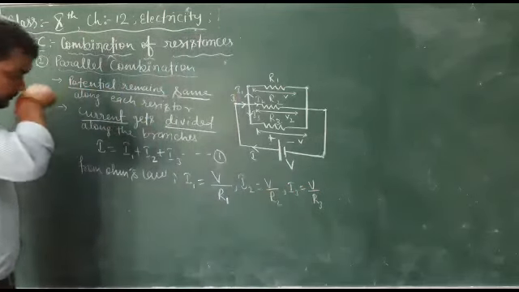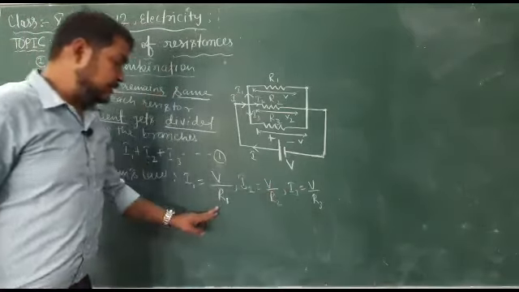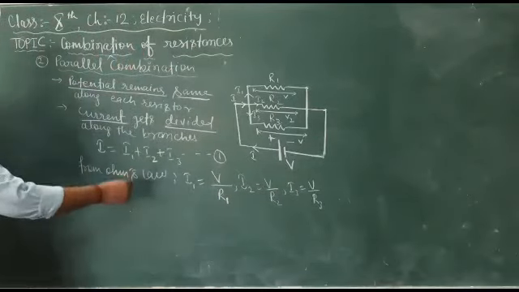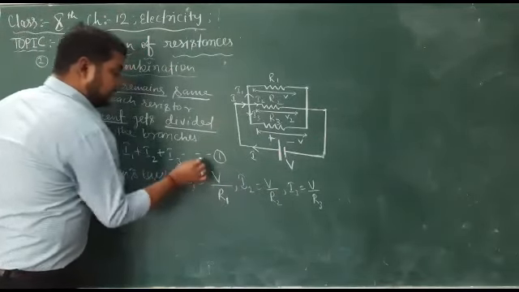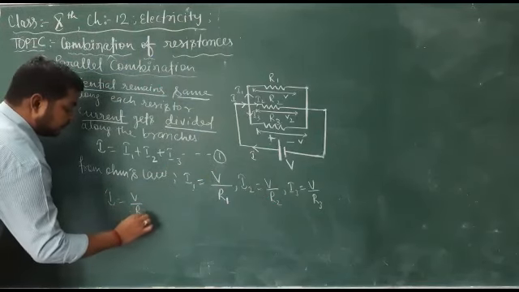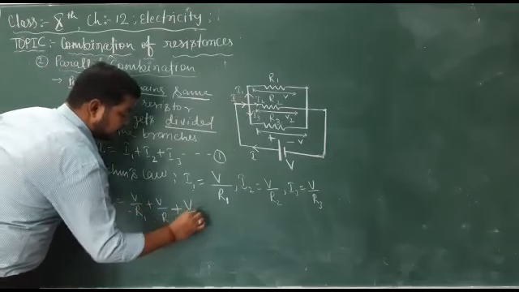Now the voltage remains the same, the resistance changes, that's why the values of I1, I2 and I3 will be different. So on putting the values of I1, I2, I3 in equation 1, we get I is equal to V upon R1 plus V upon R2 plus V upon R3.